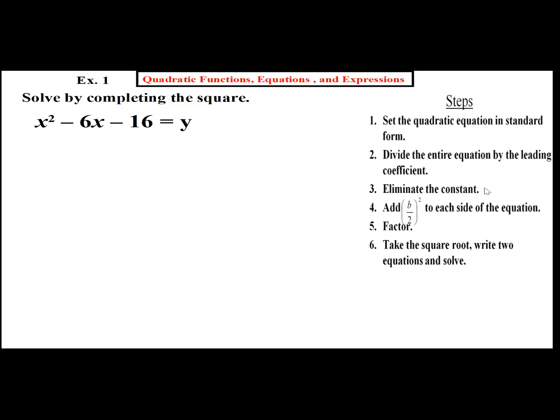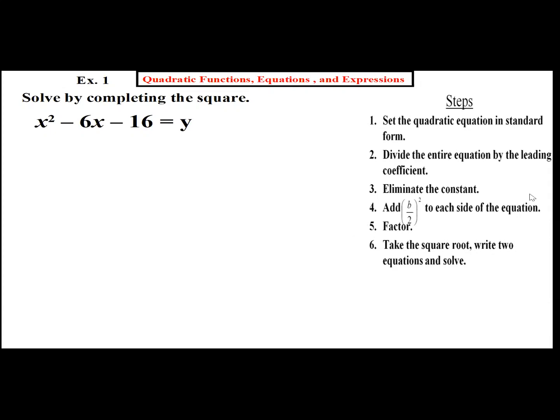Step 3, eliminate the constant. Step 4, add b over 2 in parentheses, and then squared to each side of the equation. Step 5, factor. Step 6, take the square root, solve, and then write 2 equations. Copy those steps, so copy that problem. I'll give you some time, and then I'll go over it right after. Copy and go.